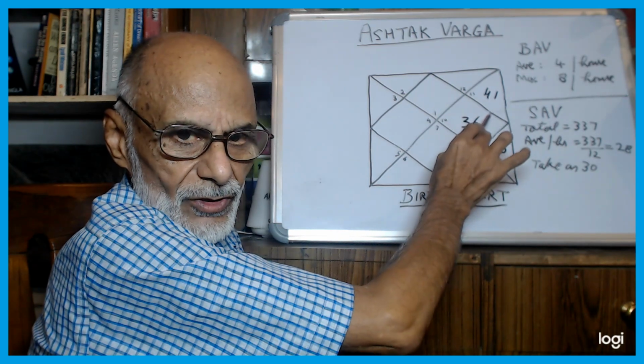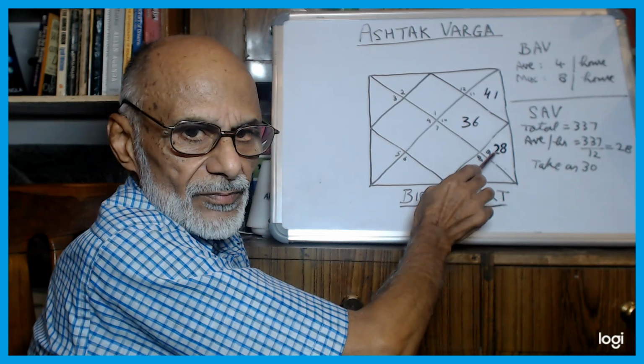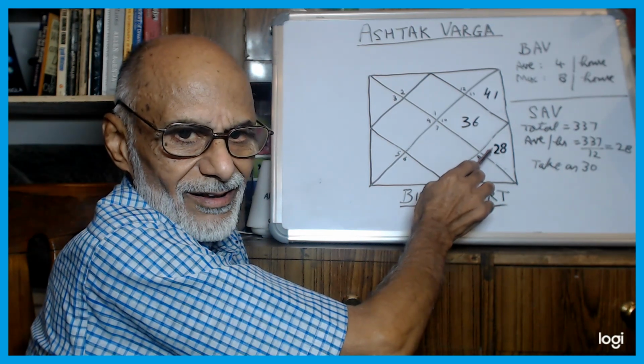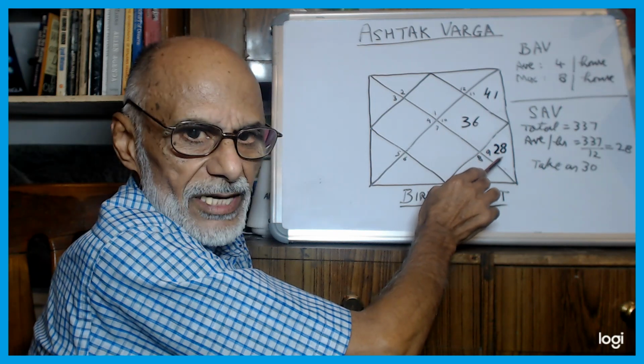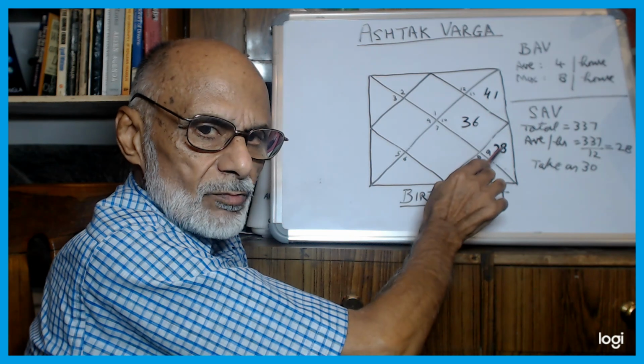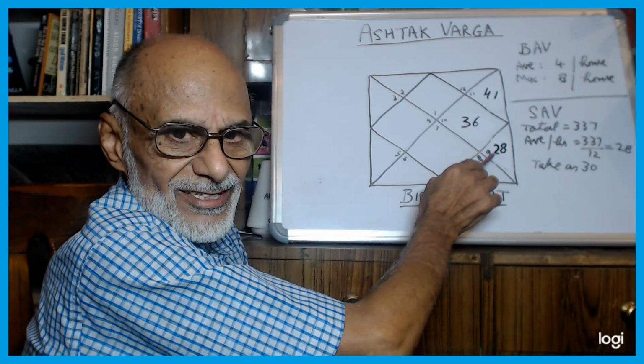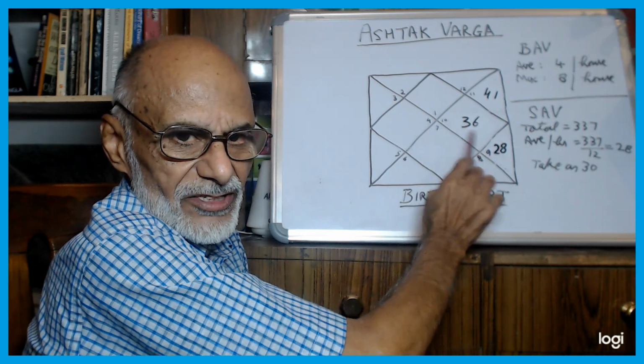It is good for the native, but this native has very low SAV points in the house of luck. So that means this native was not born with very good progress in career, and in other things as well.